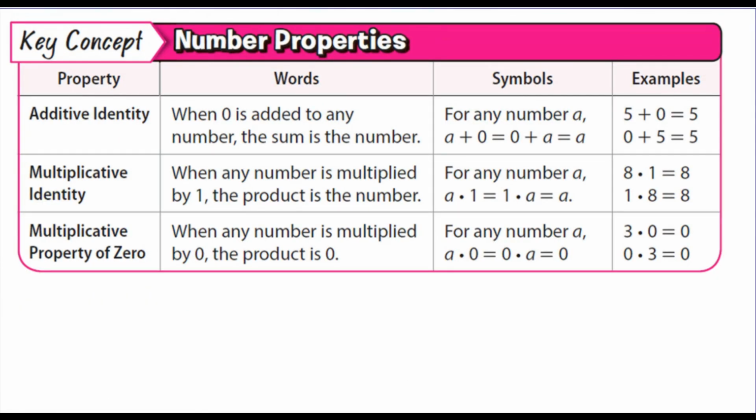Here's a couple of other number properties that might seem like no duh, but we have to know them, and they are properties that are always true. One of them is the additive identity property. So when you think of identity, you think of what you are. When you add something to some number, it doesn't change what you are. Its identity stays the same. So it says that when 0 is added to any number, the sum is that number.